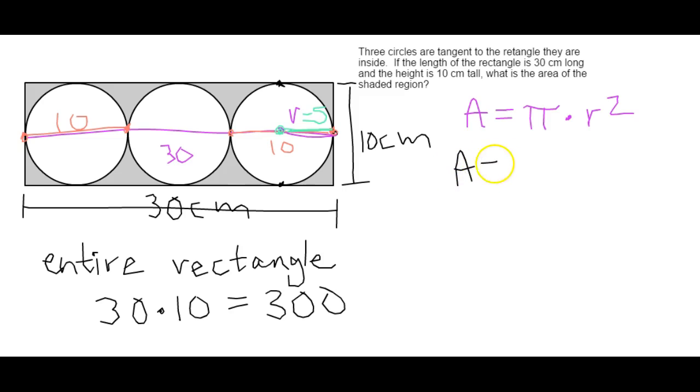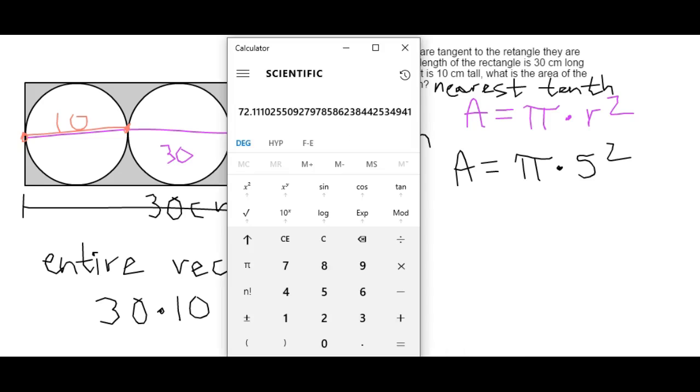The area of one circle would be pi times the radius of 5 squared. I should have specified in the instructions. Let's approximate our answer to the nearest tenth. So pi, we can either use the pi button on a calculator, or we can approximate it using 3.14.